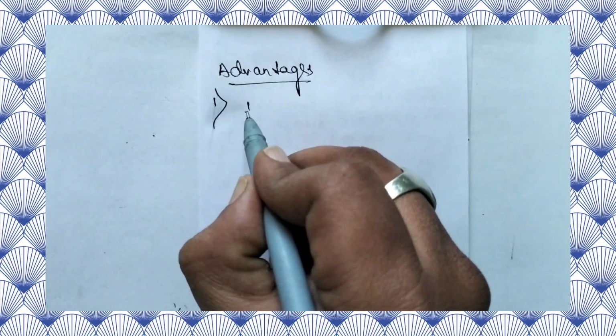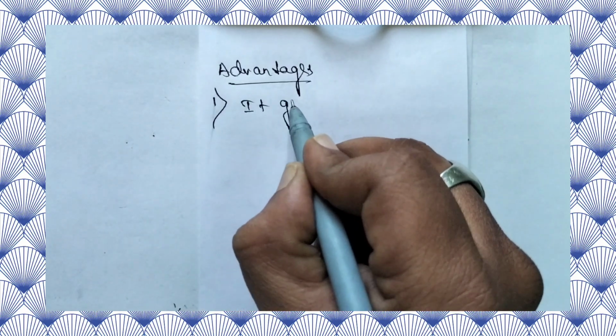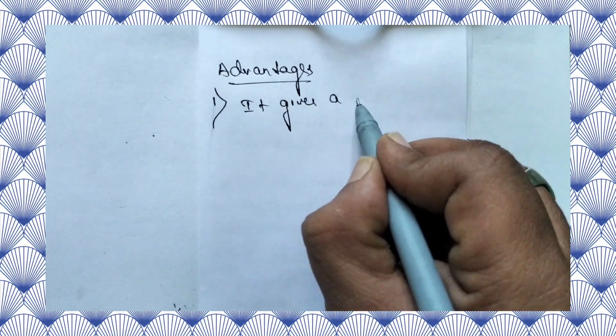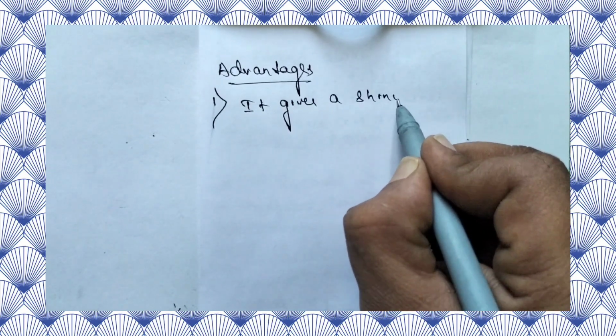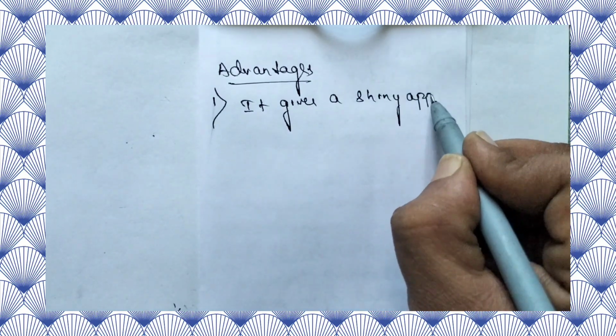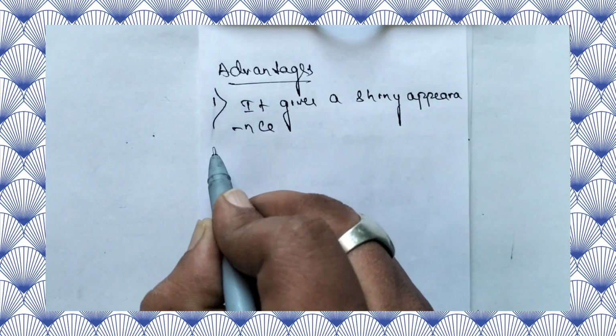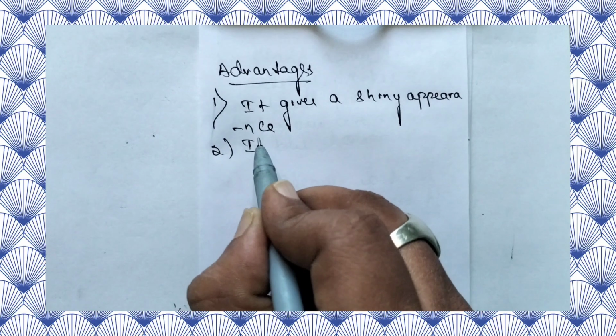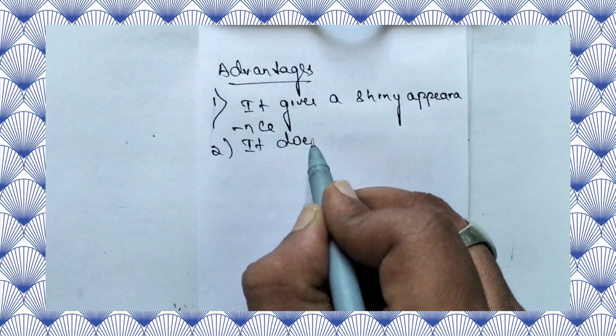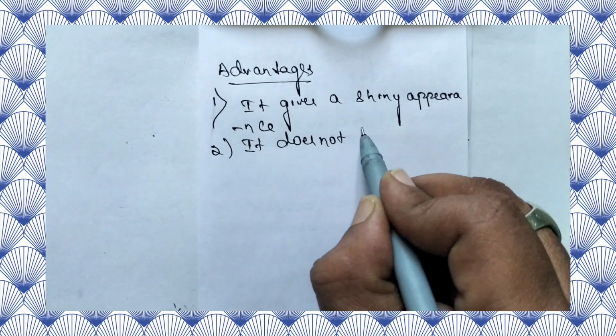So electroplating gives a shiny appearance. Second one, if it is electroplated, it does not corrode.